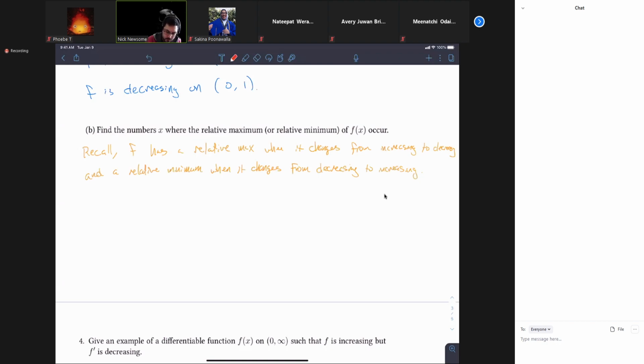And I'm going to write this in red because it's very important. These things only apply where the function and its derivative are defined.